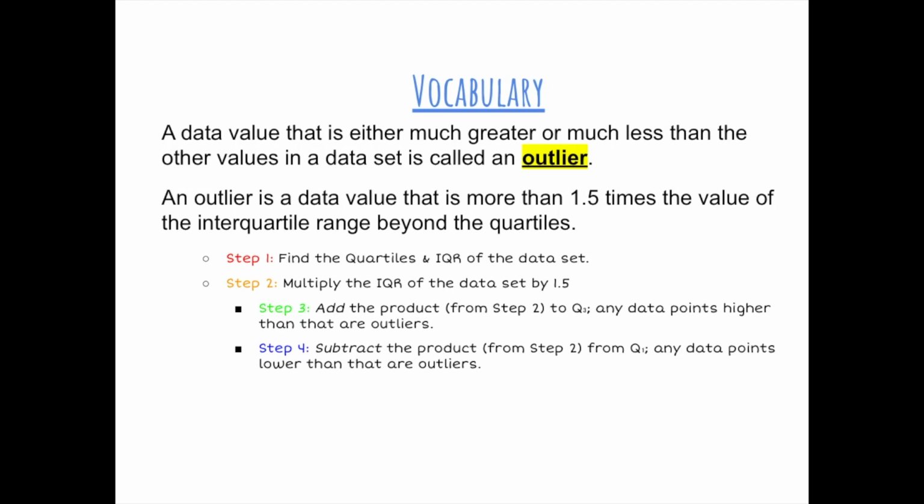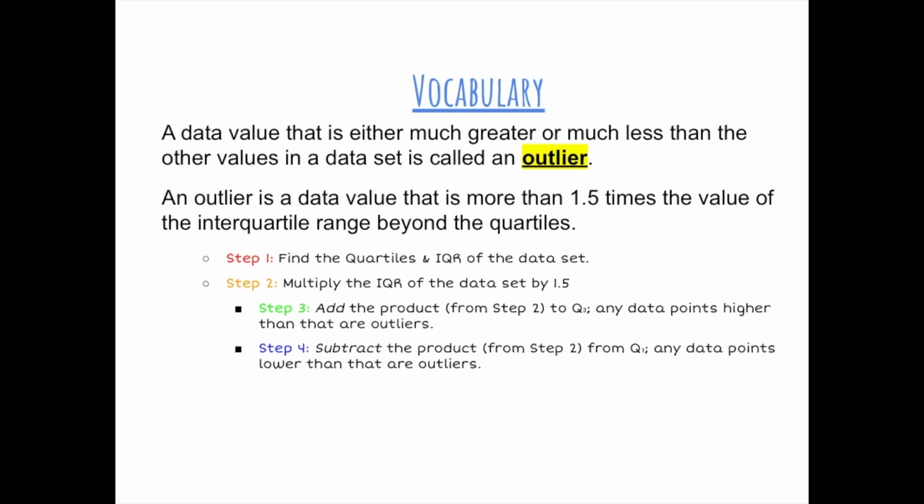So here are the steps to find outliers. The first thing we would need to do is find the quartiles and then find the IQR of the data set. Then we're going to multiply the IQR by 1.5, because remember that an outlier has to be 1.5 times the IQR beyond the quartiles. So once we multiply the IQR by 1.5, then we want to add this answer to quartile 3.